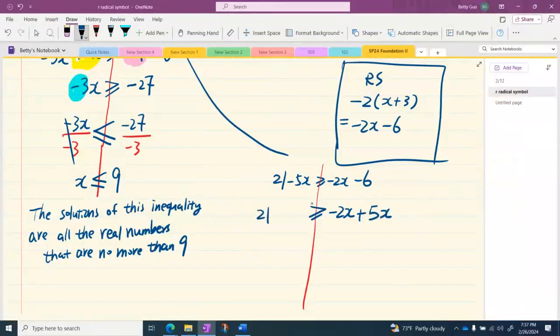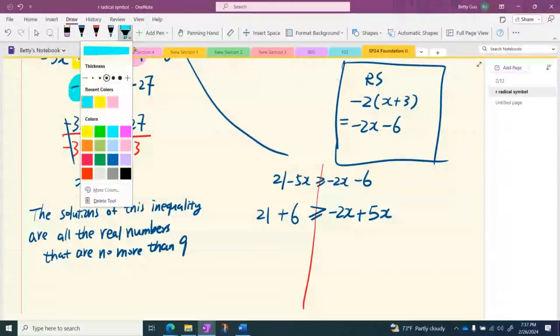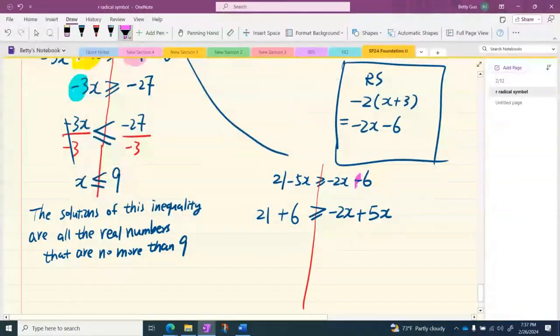We keep 21 on the left side, move -6 over, +6, right? Do you guys see that? I can also color them. This is very strong pink. From -6 on the right, change to +6 on the left.